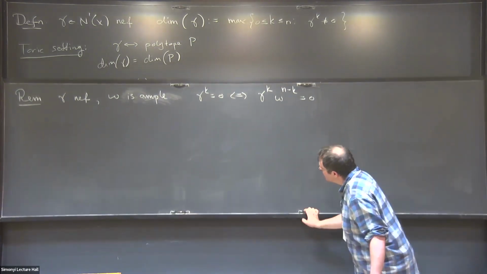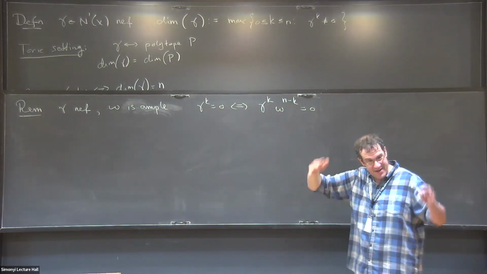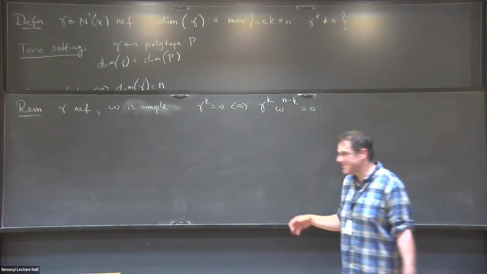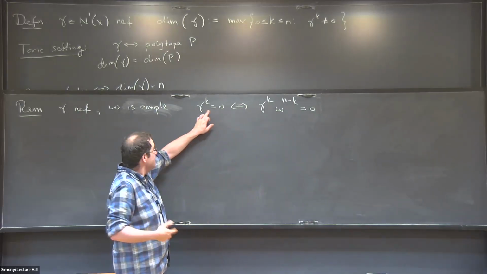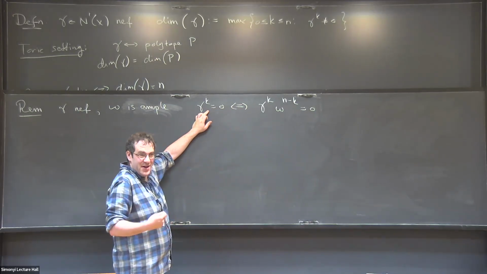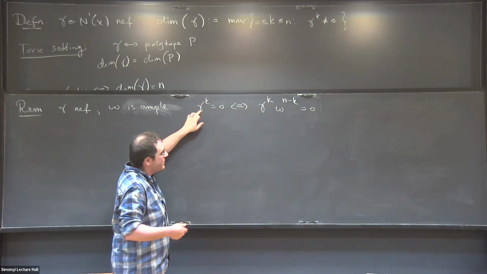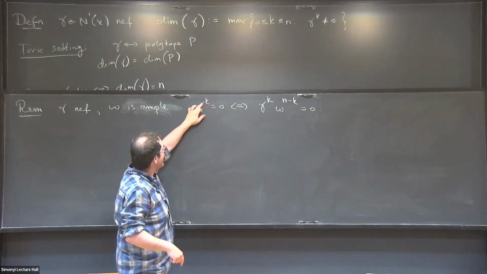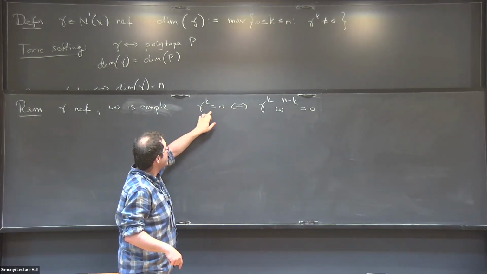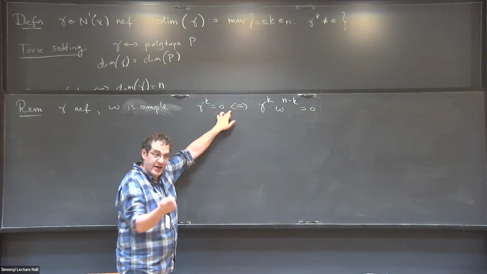In a sense, I never defined these other higher degree cycle spaces, right? So when I write this, I never said where this object lives. But because at the end we're always going to the highest degree, what I really mean by gamma to the k equals 0 is that if I take gamma to the k and multiply it by n minus k any other divisors, I get 0.